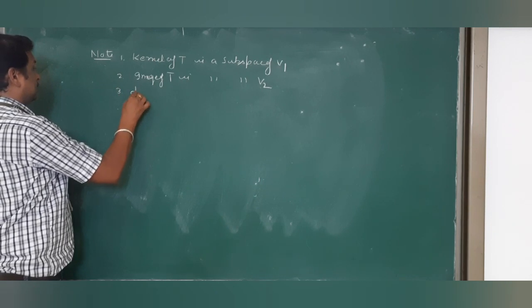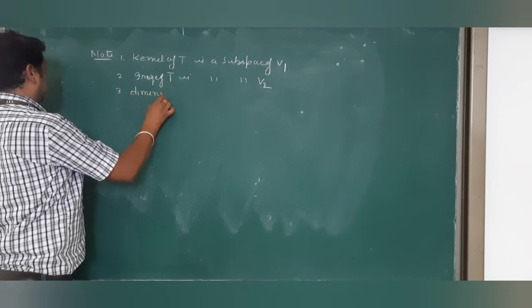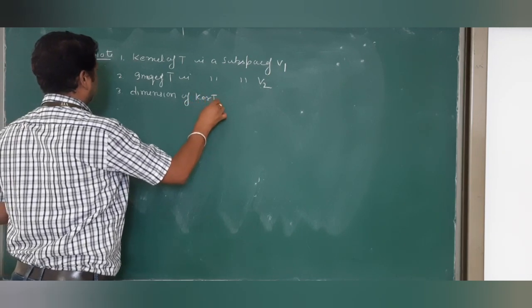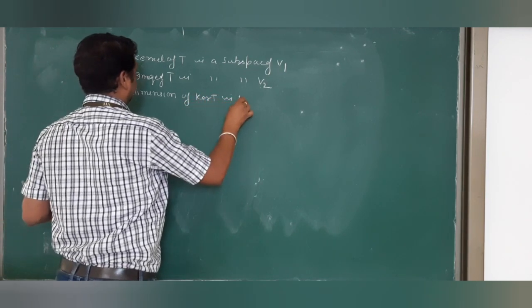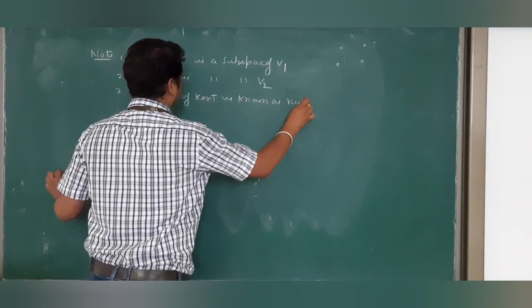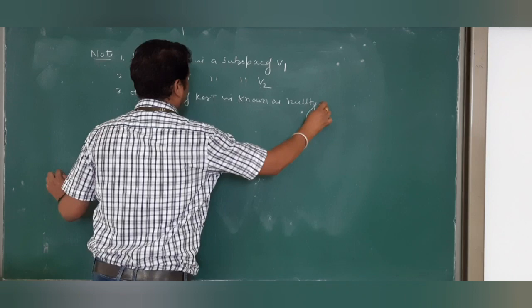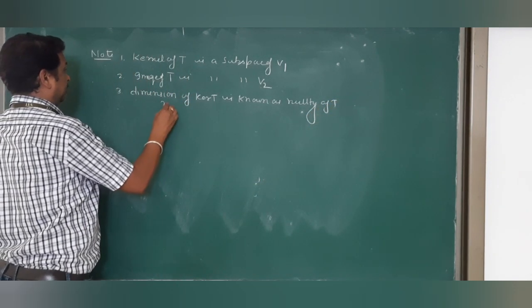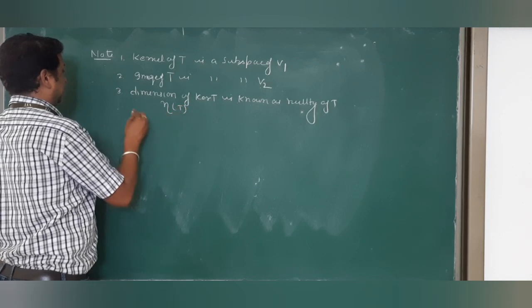Third, dimension of kernel T is known as nullity of T and denoted by nullity.